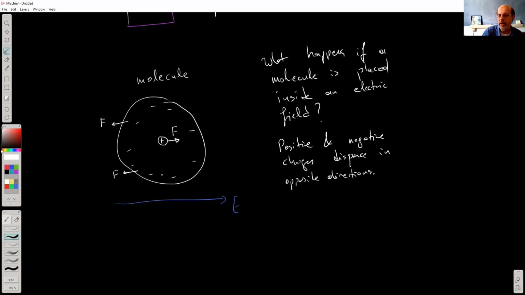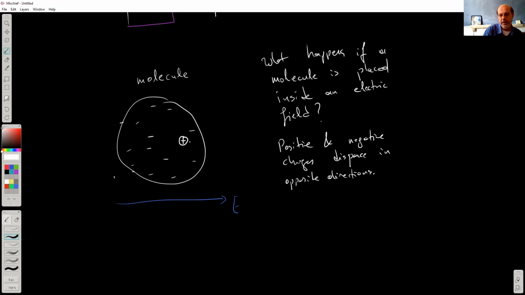Even for extremely large electric fields, we cannot get very large displacement. But I'm going to exaggerate in here, right? This is just the exaggerated picture. What happens is that, in such a case, the protons go forward, electrons go backward. So as a result, there is some kind of unequal charge distribution inside the molecule or inside the atom.